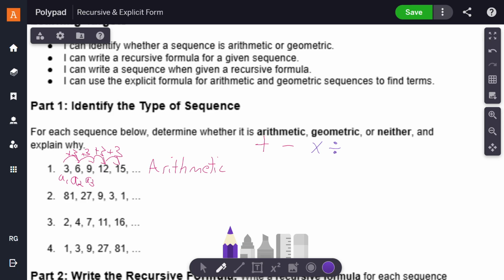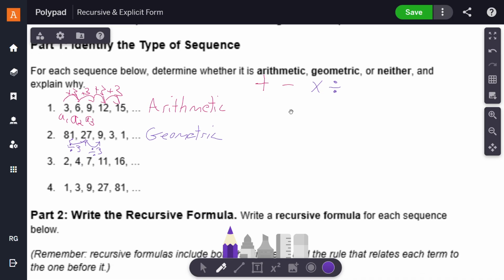So if we look at number 2, to go from 81 to 27, we're going to divide by 3. To go from 27 to 9, again, that pattern is divide by 3. You're repeatedly dividing by the same number, therefore, that is a geometric sequence.